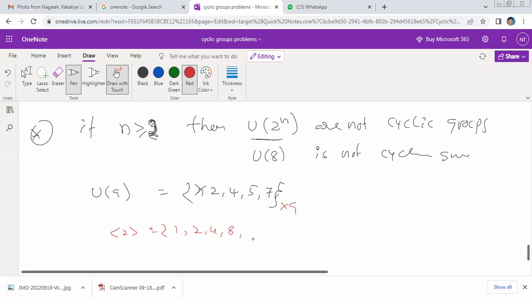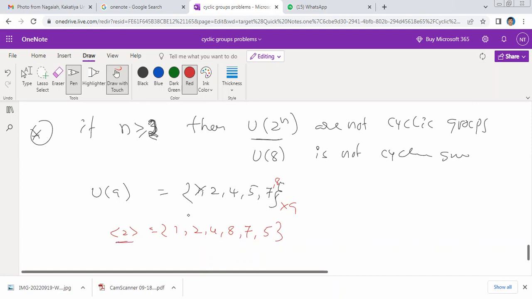So we get 1, 2, 4, 8, and then 7 also comes, and 5 is possible. Yes: 1, 2, 4, 8, 7, 5. This is generated by 2.